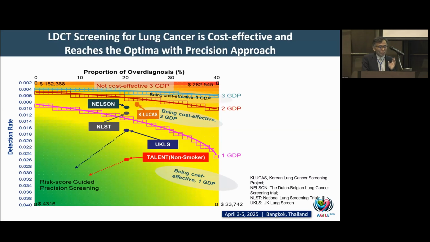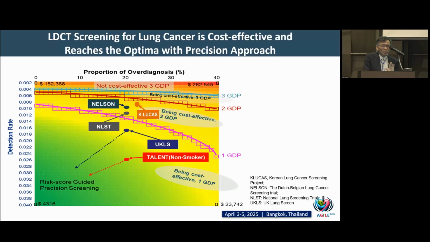So I have also done some studies using the trials, Nelson and NLST and K-LUCAS, and also the UKLS, a risk-based screening for non-smokers and also smokers. So you see, if you look at the Y and the X, if you want to go to the original point, it's a high detection rate but no over detection. So you need to be very clever in using the risk-based group.